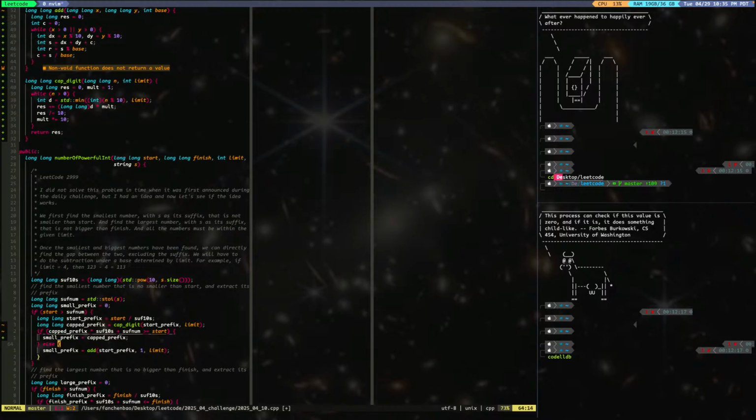However, how am I going to implement this? I have to turn them into strings, and I'll compare the strings until we find one. And then what?